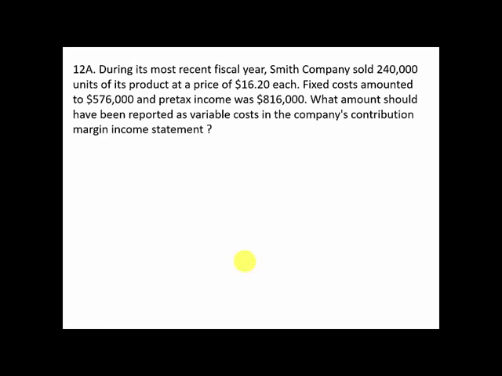Number 12A. They want to know what amount should have been reported as variable cost in the company's contribution margin income statement. All right, let's put in our little structure and fill in the pieces. During the most recent fiscal year, Smith Company sold 240,000 units of product at a price of $16.20 apiece.